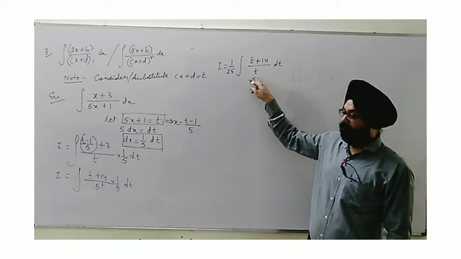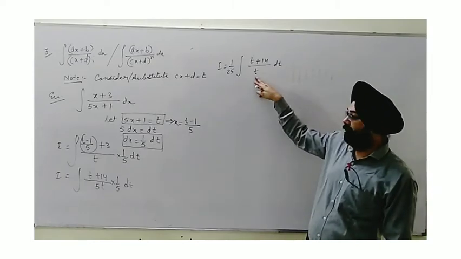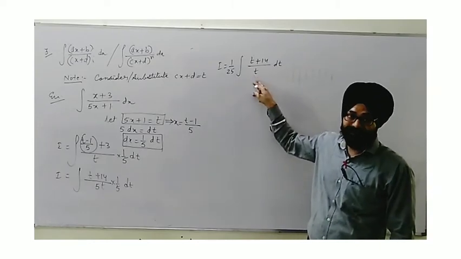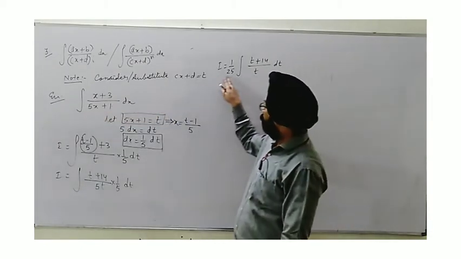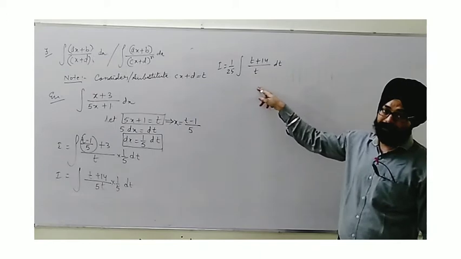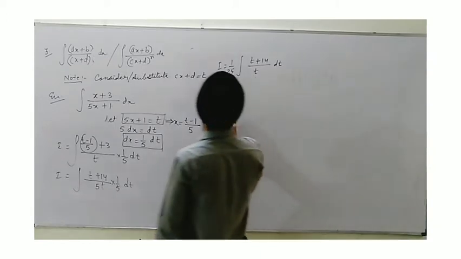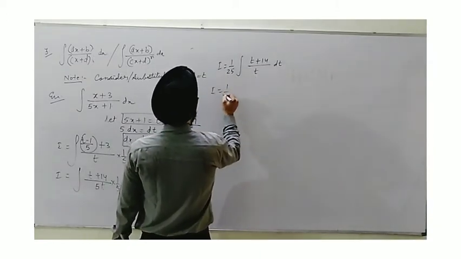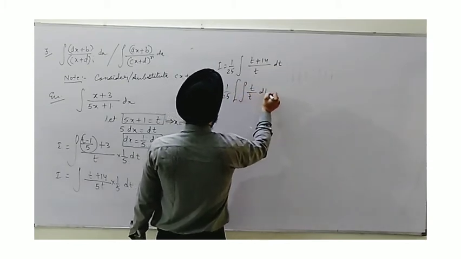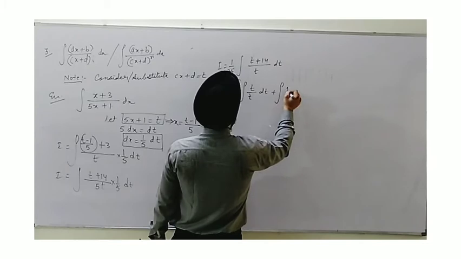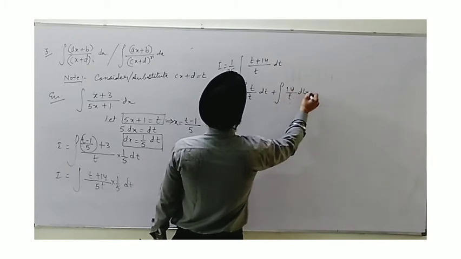The purpose here is that the variable t which we have got in the denominator is a single variable. Earlier it was having two terms, a binomial. Okay, this is a monomial. So this can be separated now in each term, and this integral will become 1 upon 25 integration of t upon t dt plus integration of 14 upon t dt.